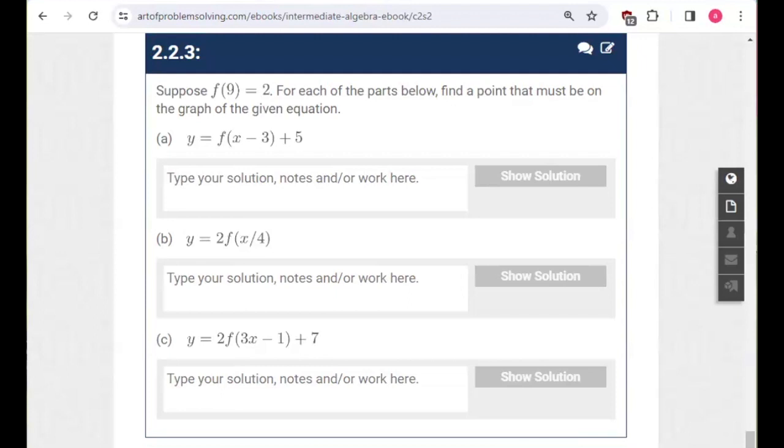So 9 over 3 plus 1/3. Right, what does that give you? 10/3. Yep, just leave it. What happens to your y? It would be 2 times 2, which is 4, plus 7.